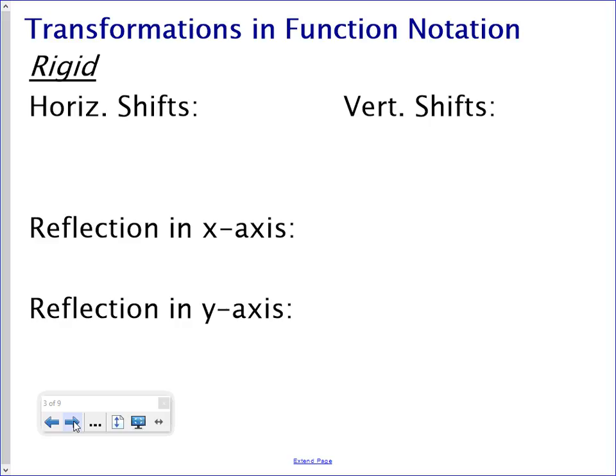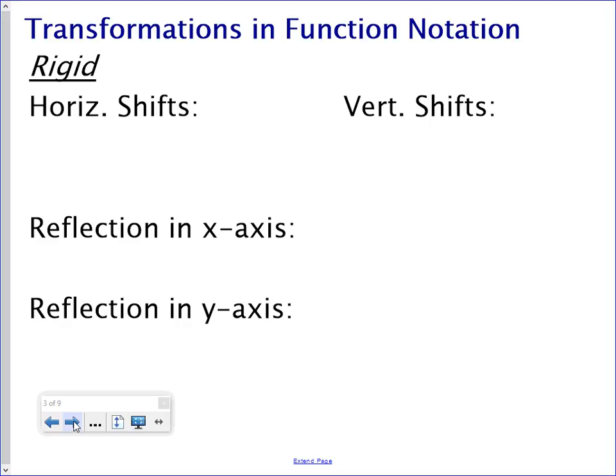Does anybody remember, like, what's the big difference between horizontal and vertical shifts? Where they're located. And what do you mean by where they're located, Mason? Like horizontal or in parentheses versus going outside. Yeah, it's where you put the number, right?